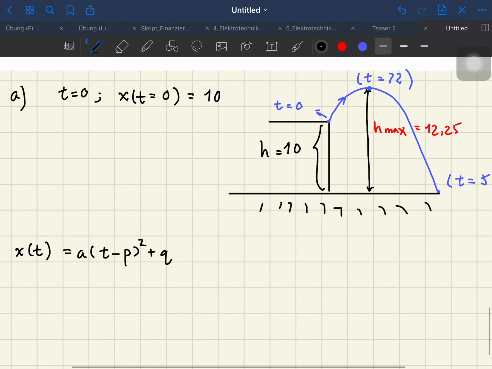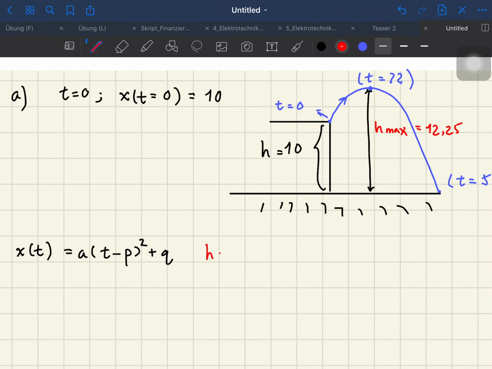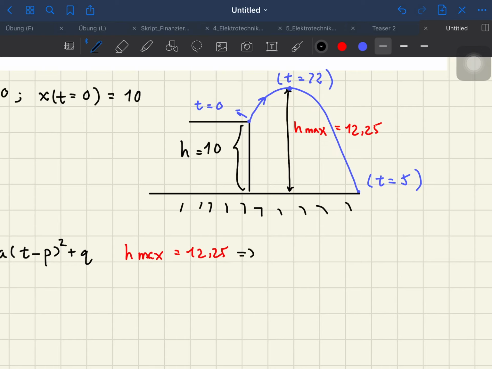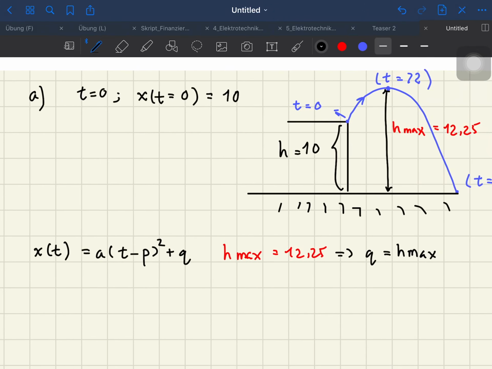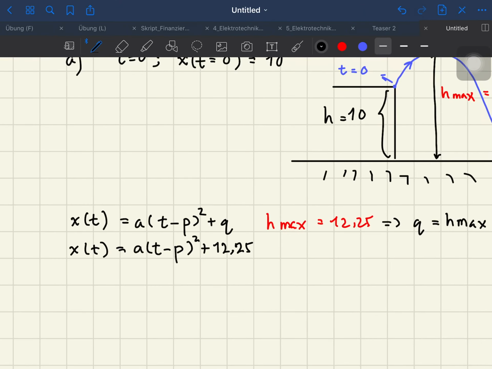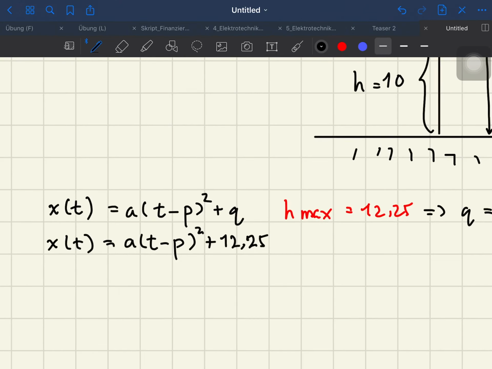Now the first piece of information, h max equals 12.25, implies that q equals h max. So we change the form into a(t minus p) squared plus 12.25, and now we are left with a and p.